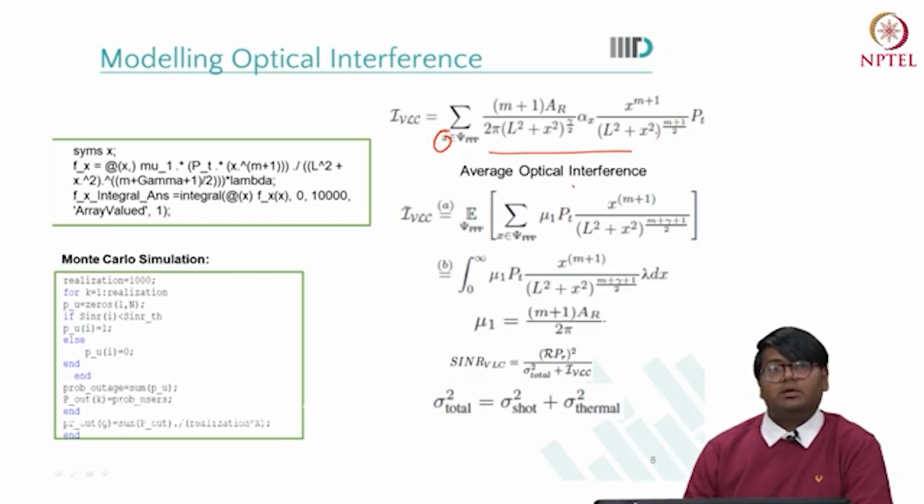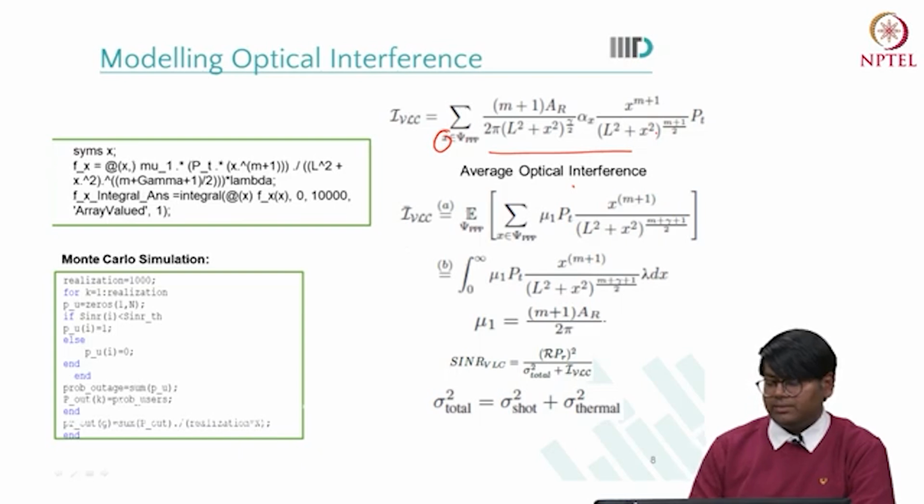Now, we can find the average optical interference using this stochastic geometry tool. Here, we basically find the expectation over x, which is Poisson distributed. So, we make use of Campbell's theorem from stochastic geometry to find the average optical interference.